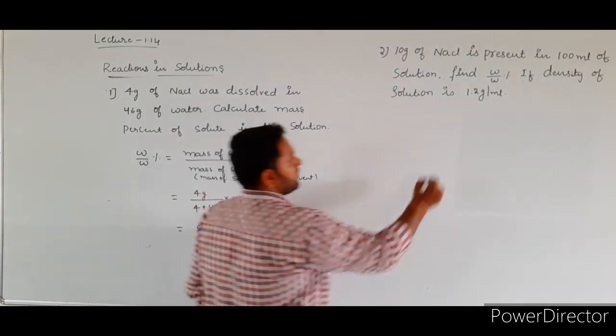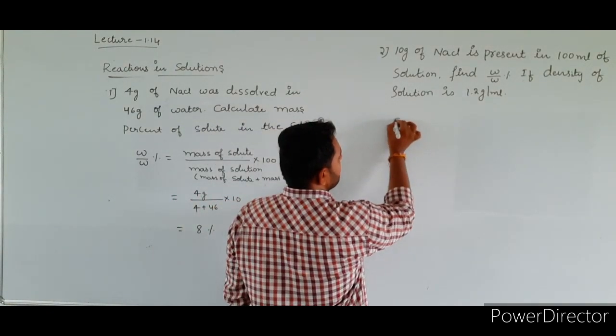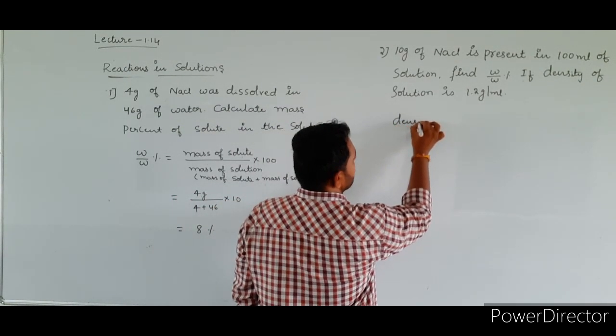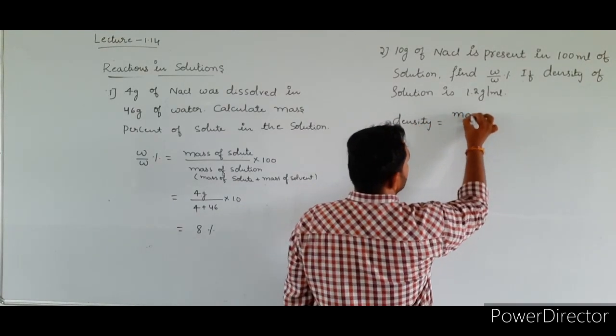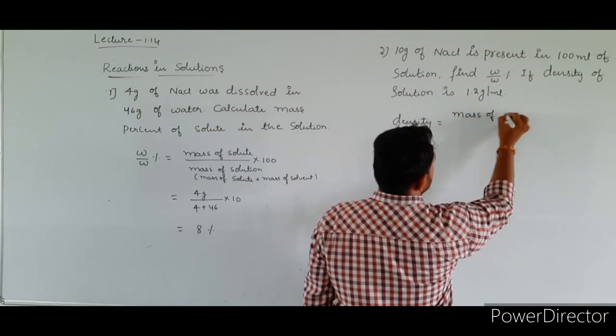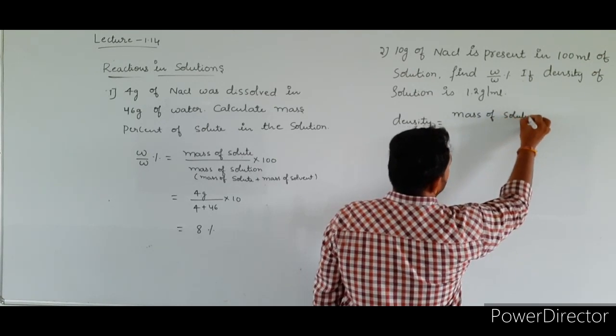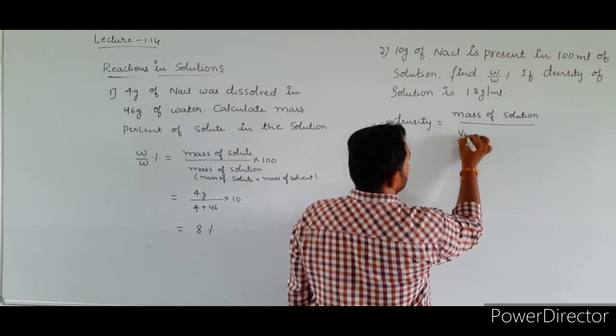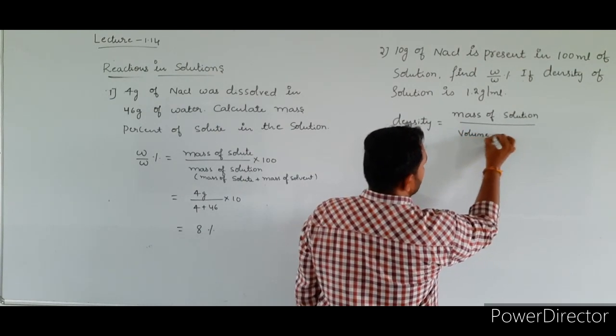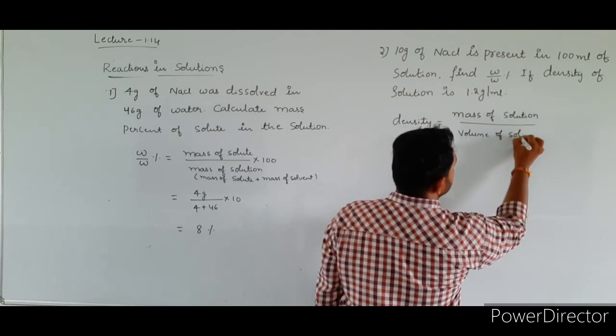See, what is the density formula? Density is equal to mass divided by volume. Density of solution is equal to mass of solution divided by volume of solution. This is the density relation.